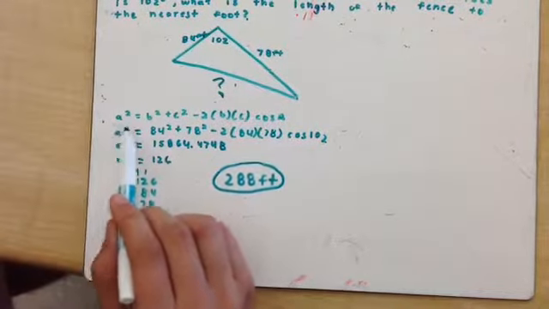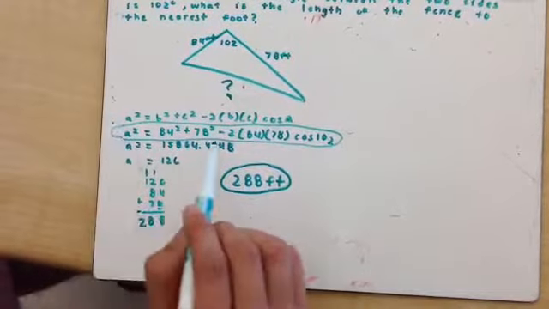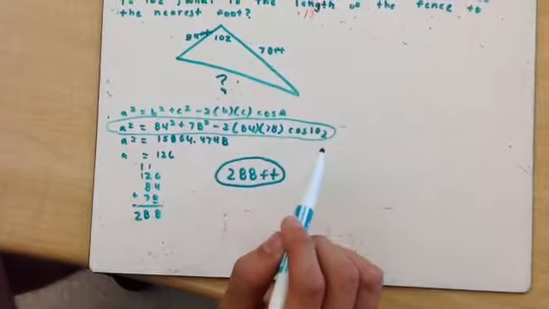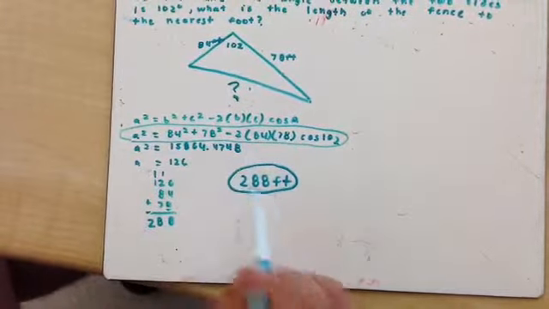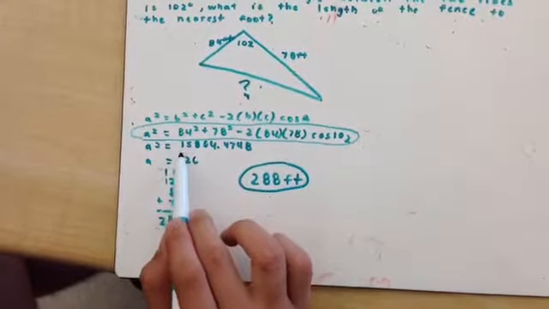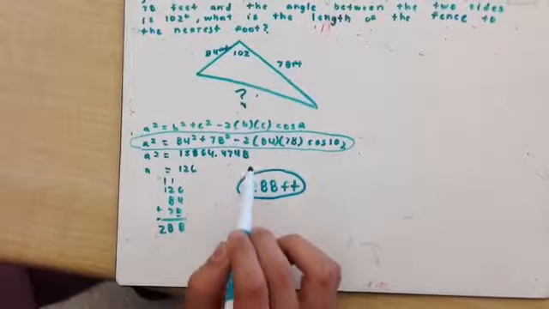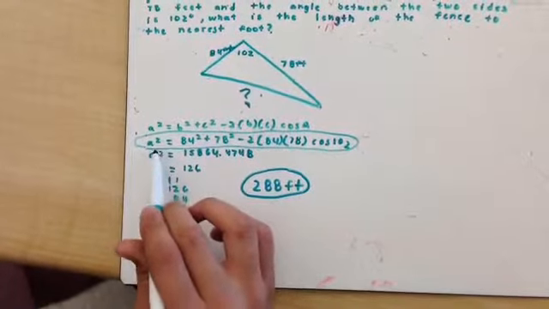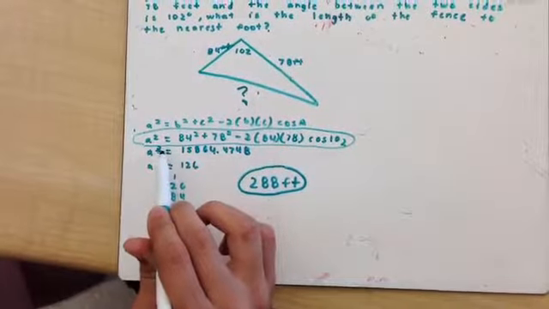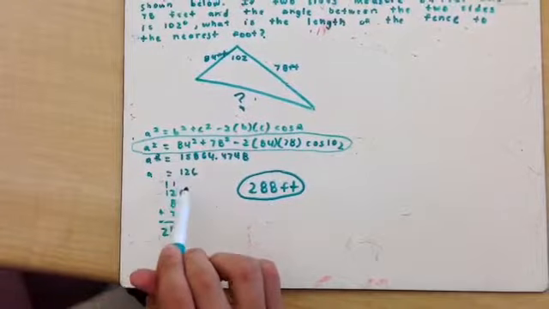So once you plug everything in, you're going to get this equation right here. And all I have to do is just distribute and multiply everything together, or subtract. And so what you're going to get is 15,864.4748. But you're not done, because you have to square root it, and you get 126.